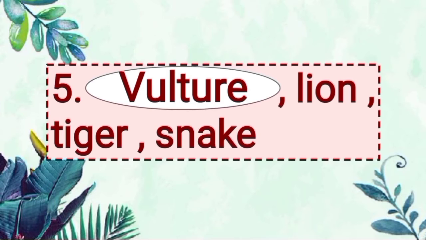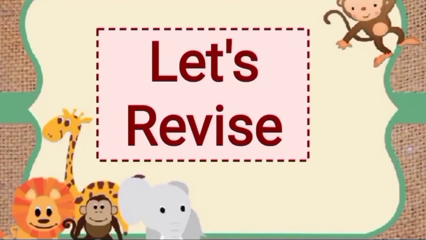And the other three, lion, tiger and snake, are examples of carnivorous animals, which means animals that eat the flesh of other animals. So we have to circle the first word, vulture. So let's revise.